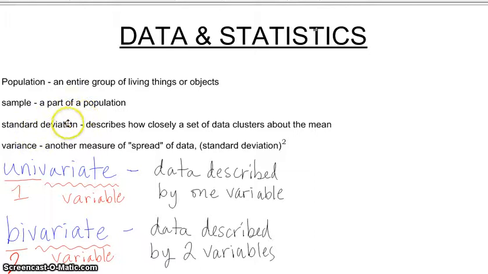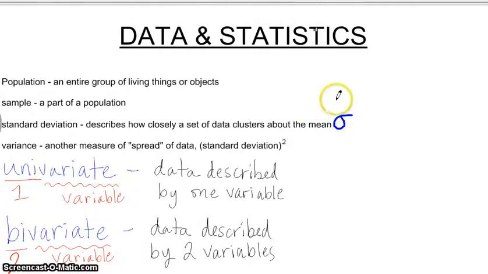Standard deviation: if you run your statistics on the calculator, standard deviation will be given to you, and it will be this little symbol that a lot of my students last year called the hat. It's the lowercase sigma, and you actually have two of them.